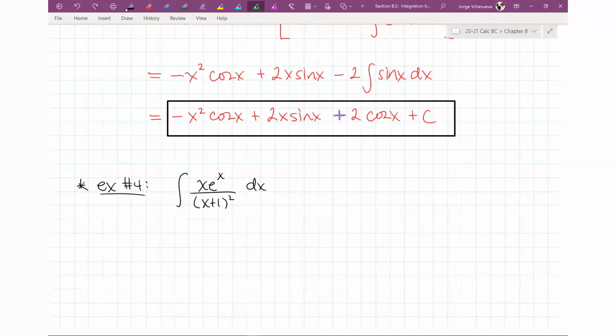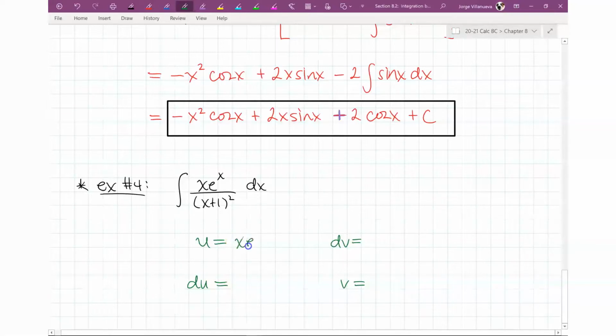So over the years, and you guys will kind of see this eventually, you start realizing that usually the numerator, not always, gets a derivative for it. And then the denominator portion, the fraction, 1 over x plus 1 squared dx, is what you're going to integrate.